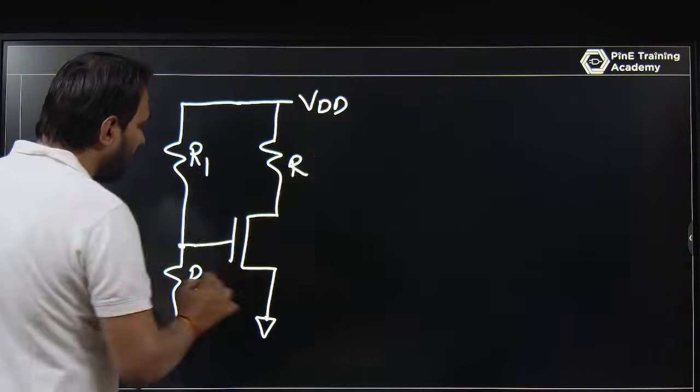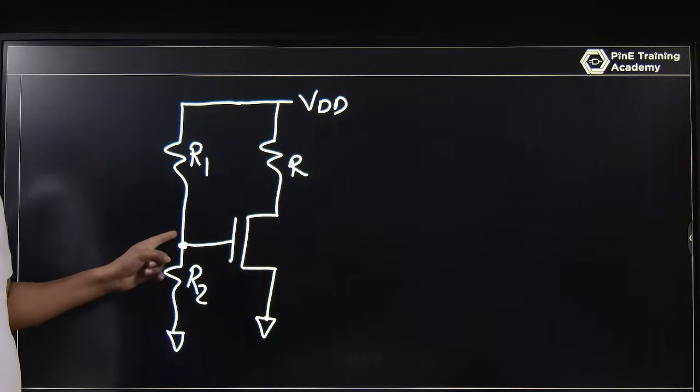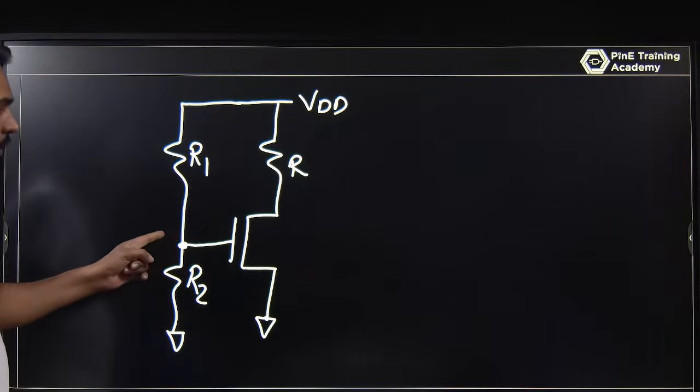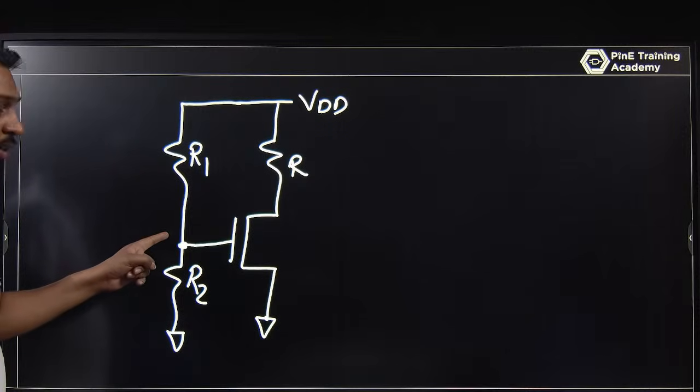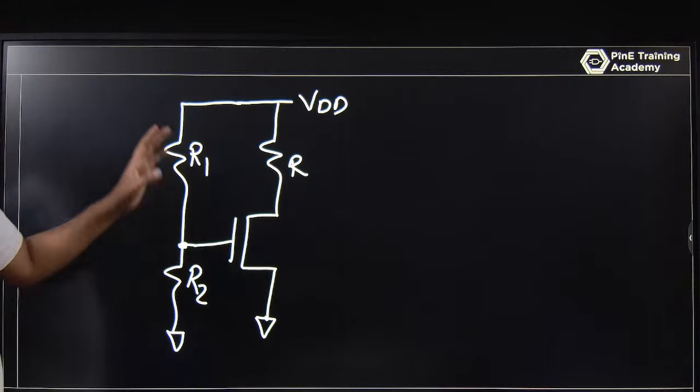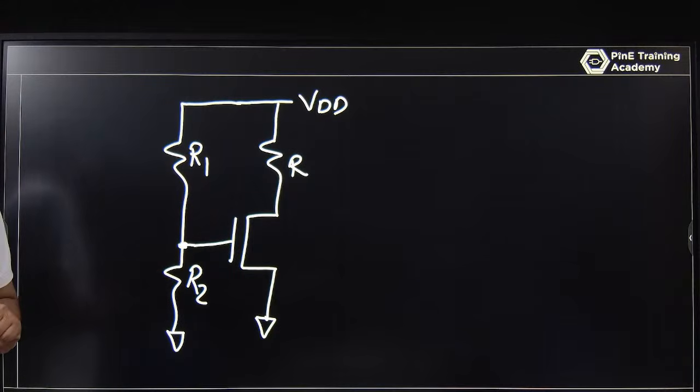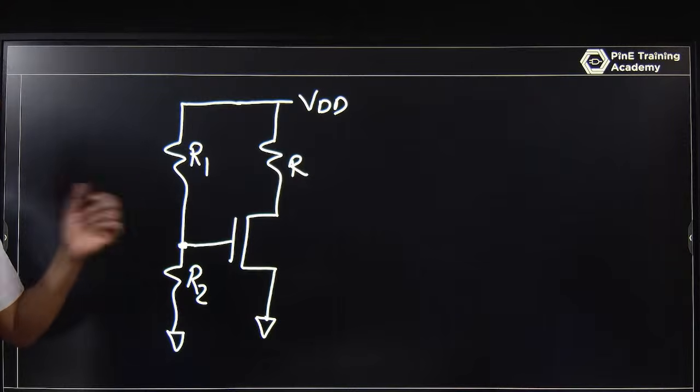If you know the network, you can determine this voltage in one line. Otherwise, if you don't know the network, it will be tough for you. That's why KCL and KVL is important.